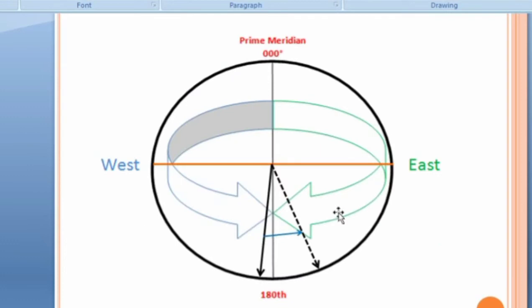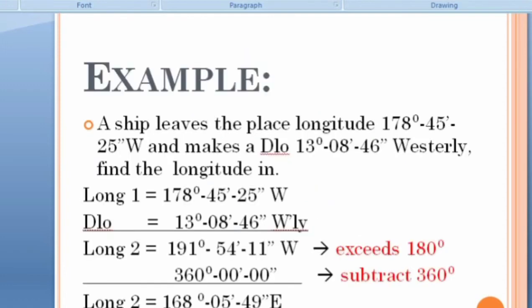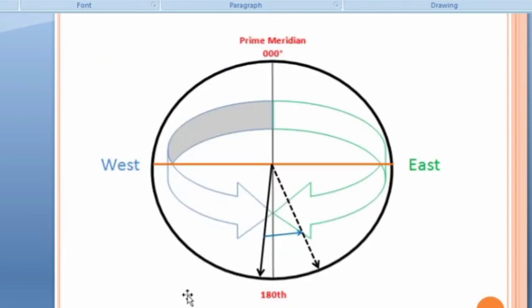So okay, this is the longitude of origin, the 178 degrees 45 minutes west, right?